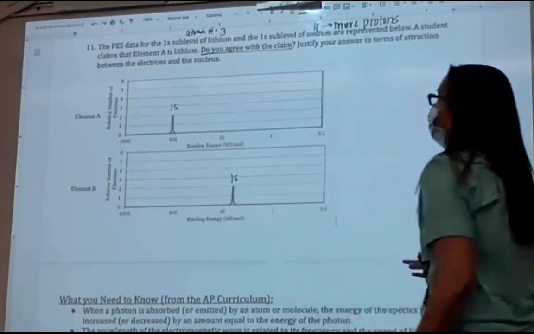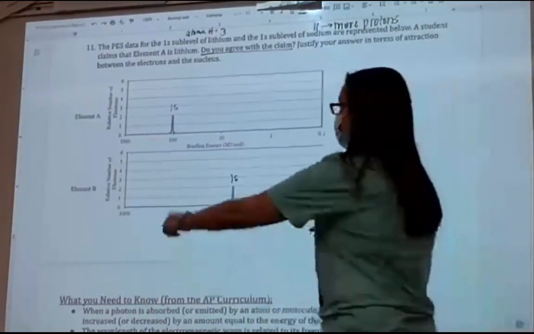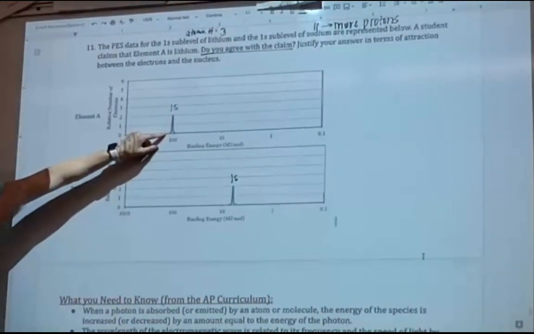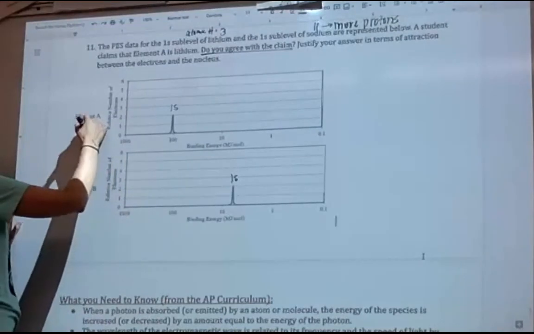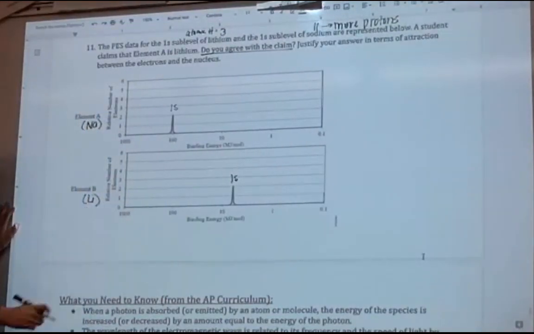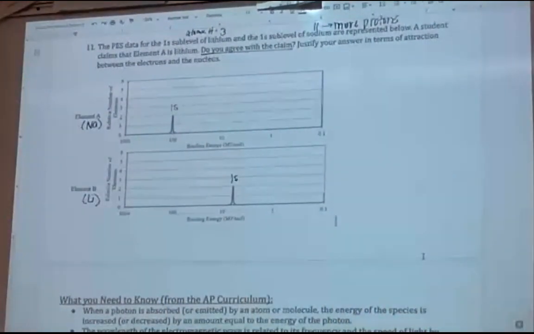That means we should see the 1s electrons of sodium having a higher binding energy. Here's the one that has the higher binding energy. So based on this data, element A should be sodium, element B should be lithium. So you can work through the problem like that and then actually answer the question.